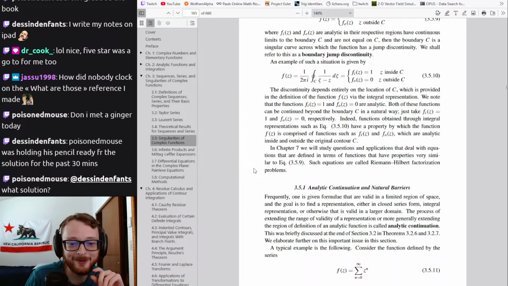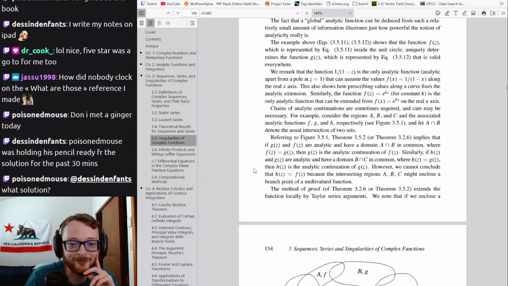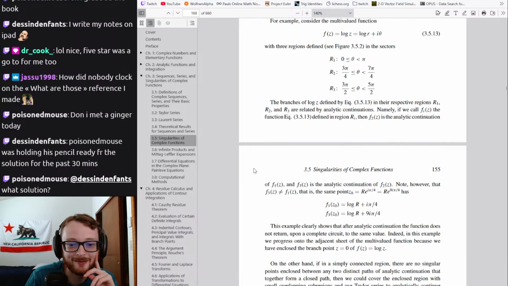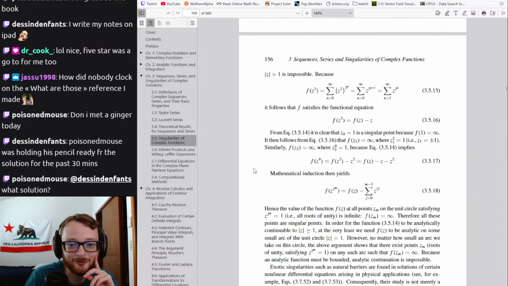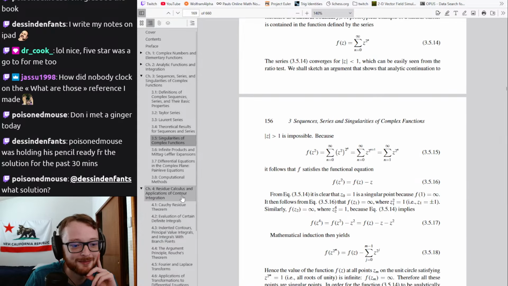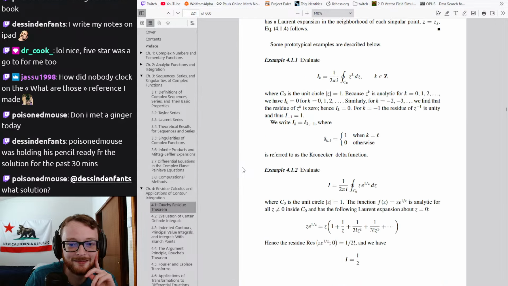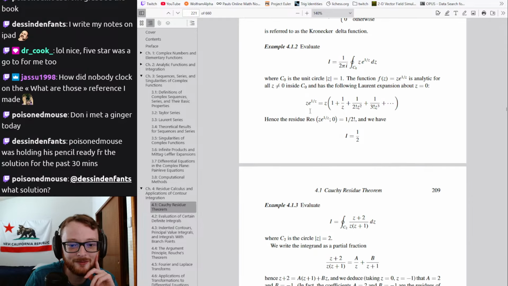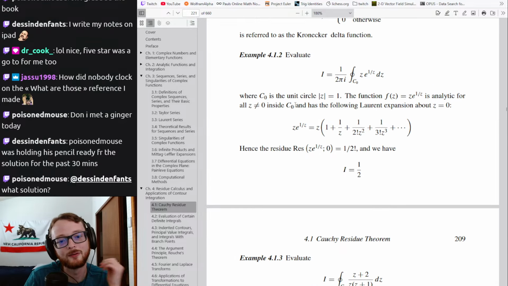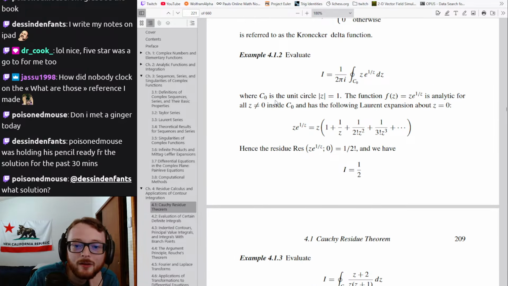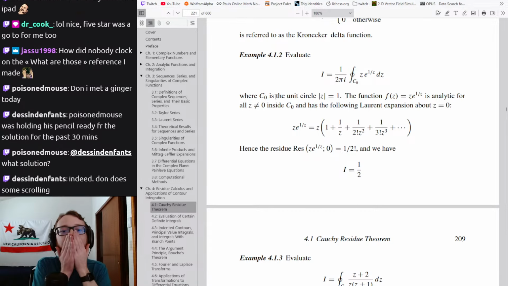I'm still trying to figure out how you get the residue around an essential singularity. I don't know how to do this quite yet. Okay, I guess this is what we want. Oh, duh!